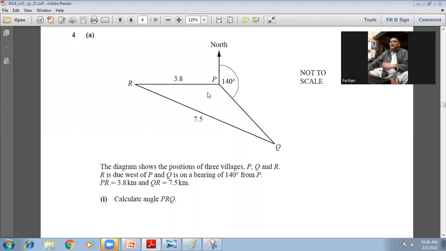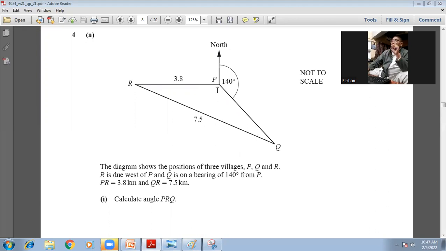So the strategy is that this is 90, this is 140. From 360, subtract this 90 and 140, you get this angle. Now you know the angle in front of this 7.5, then I will find the angle in front of 3.8, which will be this angle. Once you know this, by using the law of sine, I can find this angle.